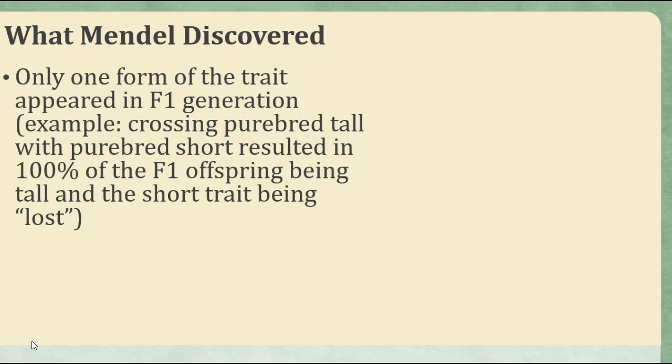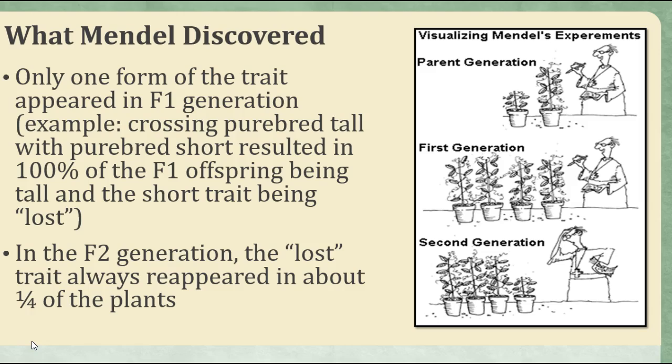He discovered that only one form of the trait appeared in the F1 generation. For example, you can see in this experiment, looking at the parental generation, he crossed purebred tall with purebred short plants, and that resulted in 100% of the F1 or first generation offspring being tall, and the short trait is lost.